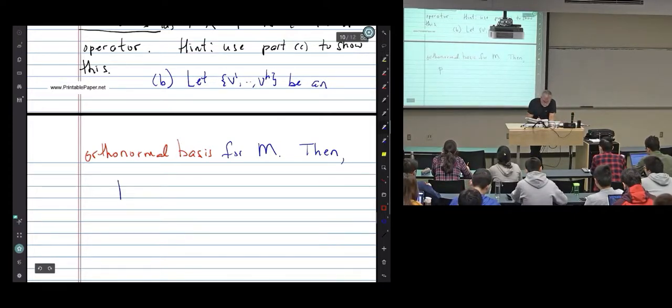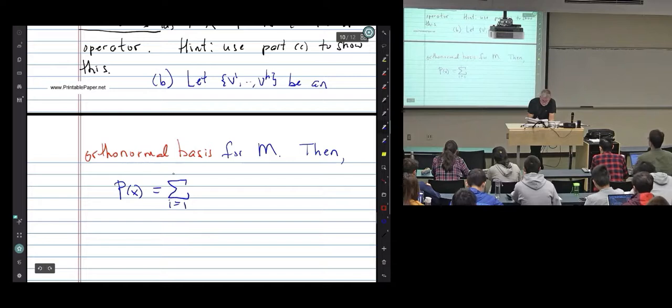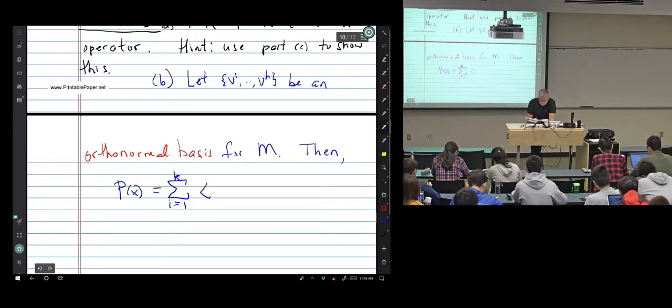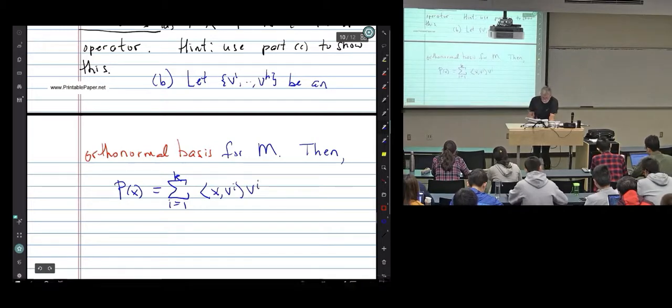Then P of x is this: the sum from i equals 1 to k of the inner product of x with vi times vi.